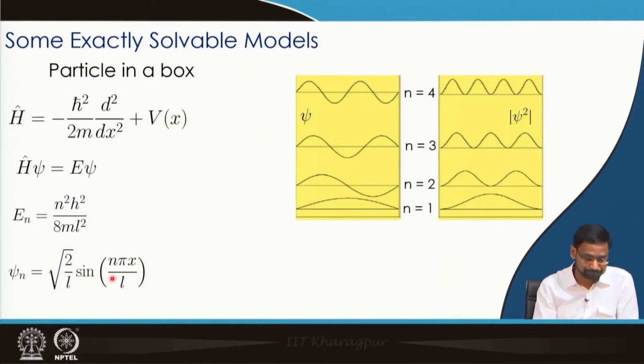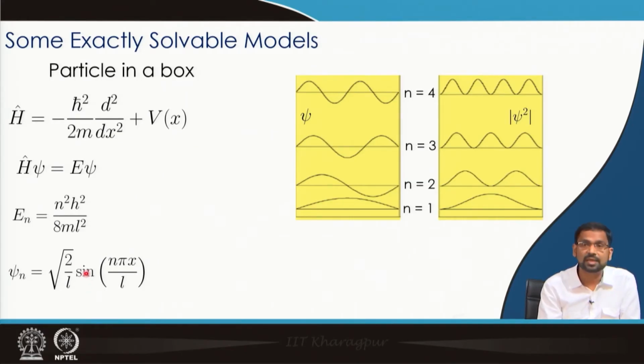So this is something that comes out from this energy expression. Similarly, for the wave function, this factor 2 by L is the normalization constant. Since psi star psi has a probabilistic interpretation, it was essential that we could normalize the wave function. So when you normalize the wave function, we get the square root of 2 by L, where L is the length of the box, and that is the normalization constant.